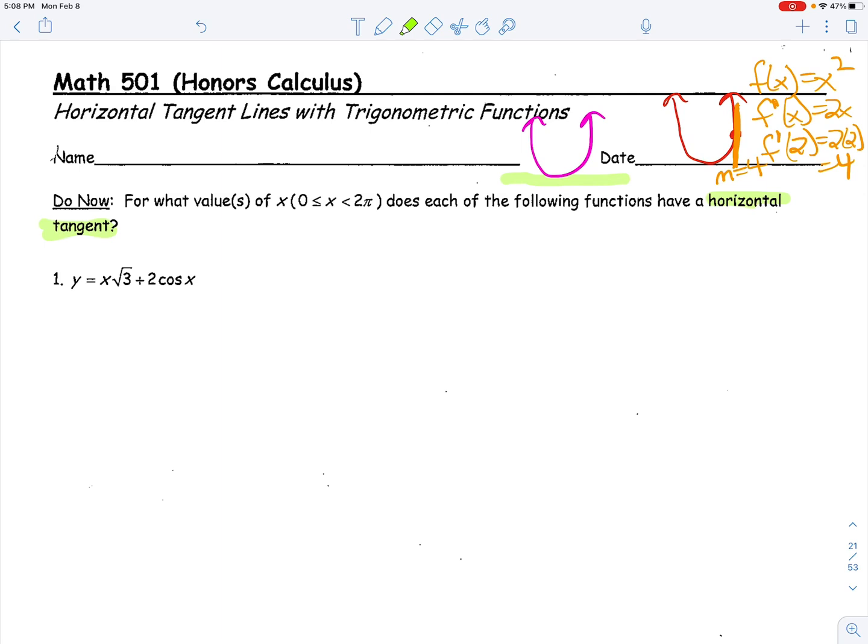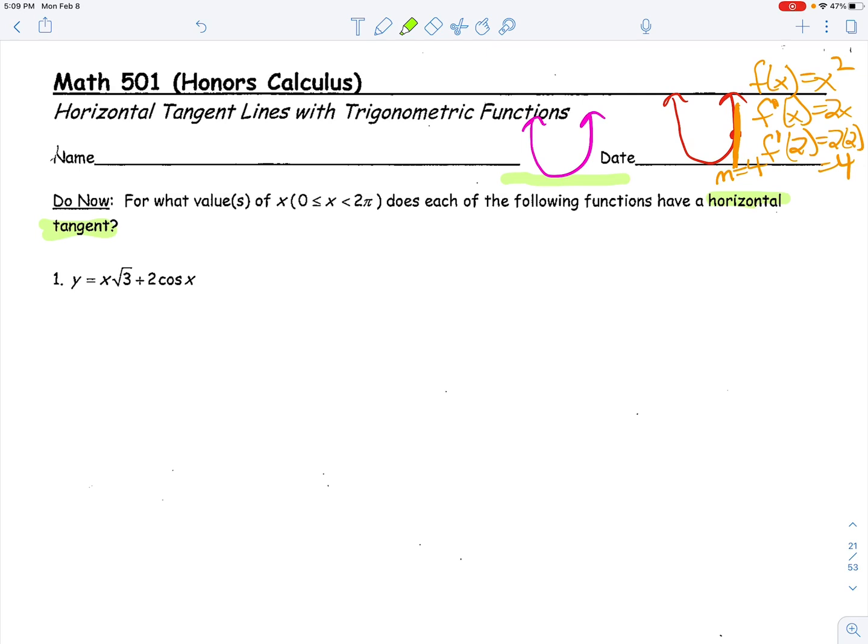So if I'm telling you here that the tangent line is horizontal, that means the slope is 0. I'm giving you the slope. I'm not asking you to find the slope. I'm giving you the slope.